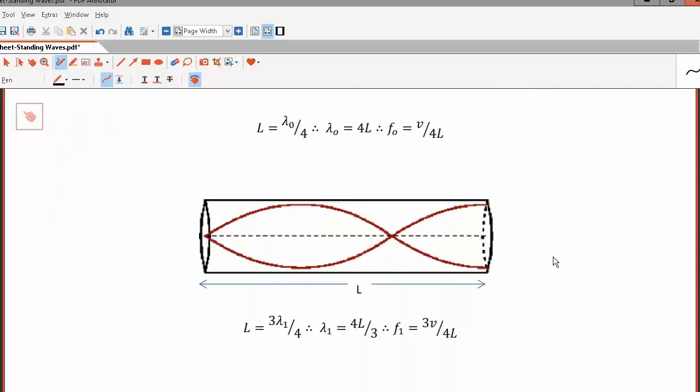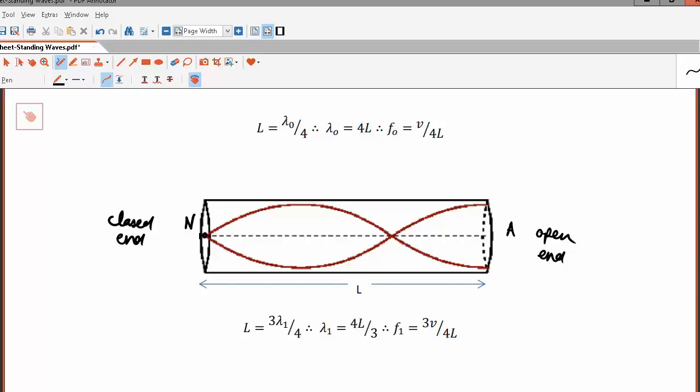Now let's look at the standing wave for the first overtone, or the second harmonic. We're going to have a flow node at this end, and we need to have a flow antinode at the open end. This is closed, and this is the open end.